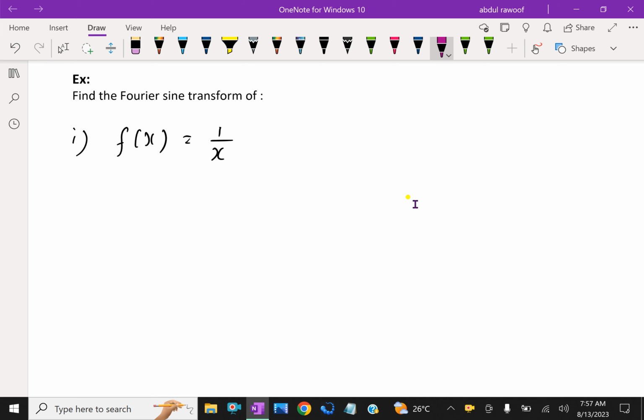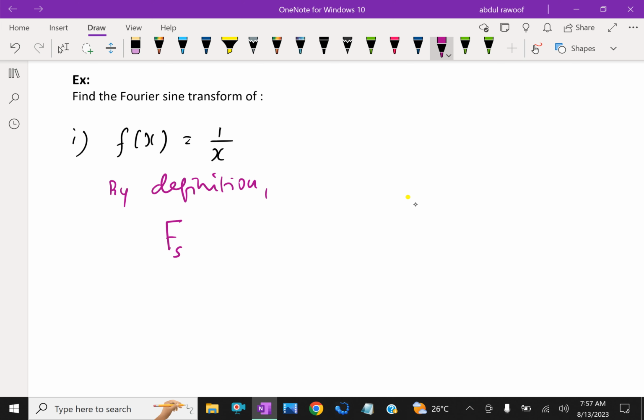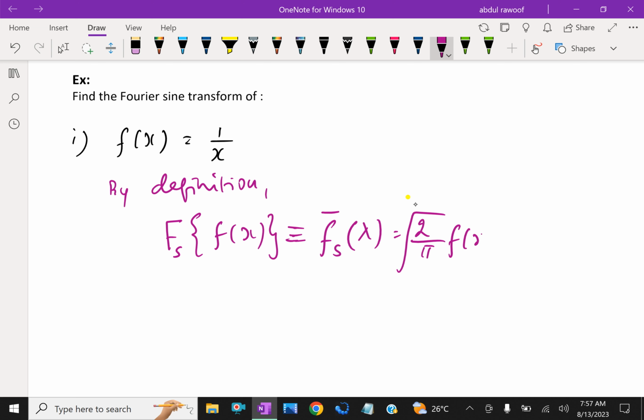By definition, we have F_s of f of x equal to F_s of lambda, which is equal to the square root of 2 over pi, integral of f of x sine lambda x dx.